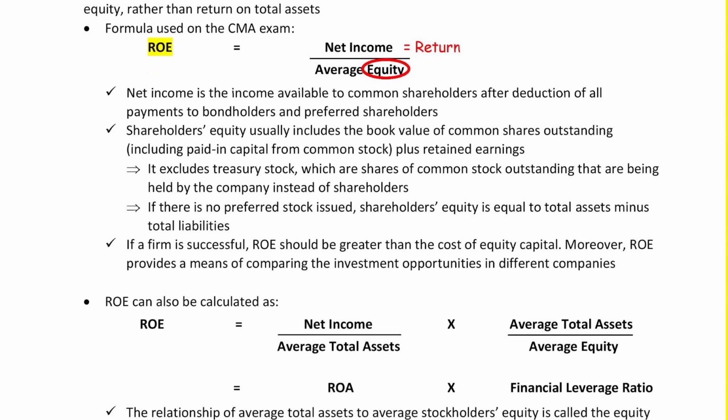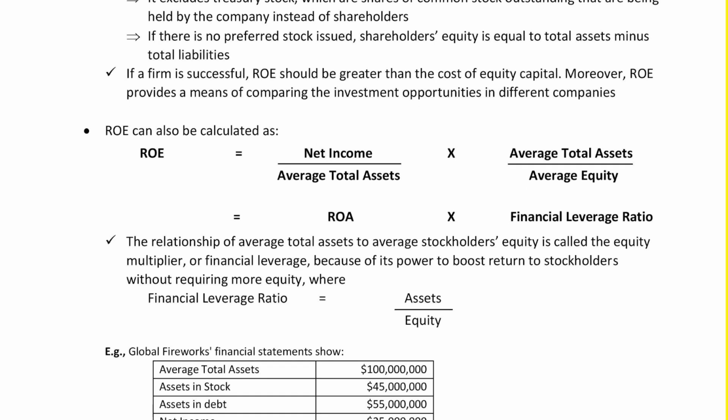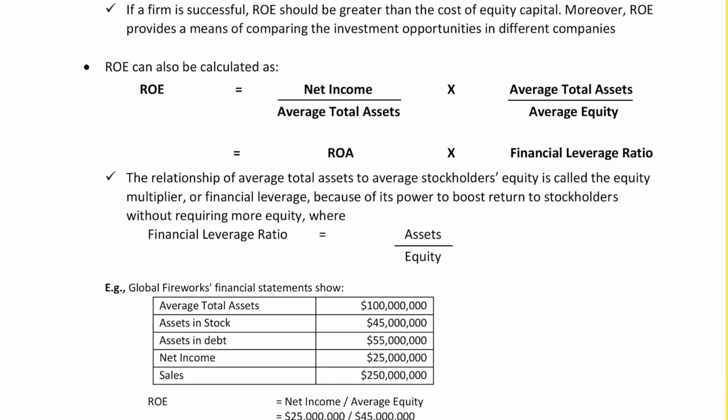Now ROE, or return on equity, can also be calculated as ROA multiplied by the financial leverage ratio. We know that ROA, return on assets, is equal to net income by average assets. Financial leverage ratio is equal to assets divided by equity.